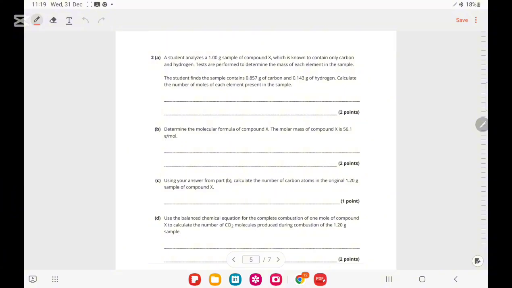So if we want to calculate the number of moles, first moles of carbon: moles of carbon are mass 0.857 divided by its molar mass, which is 12.01, and the answer comes out to be 0.0714 mole.